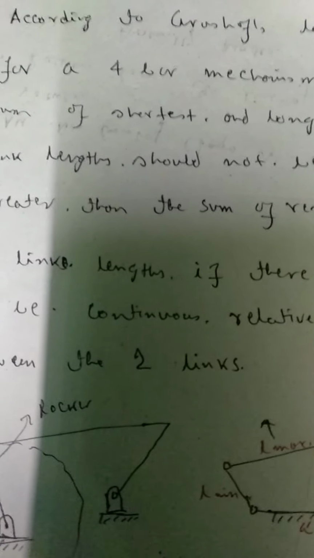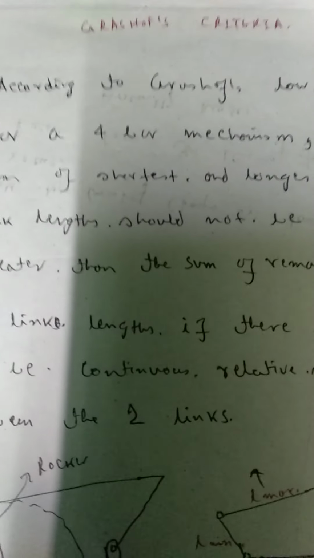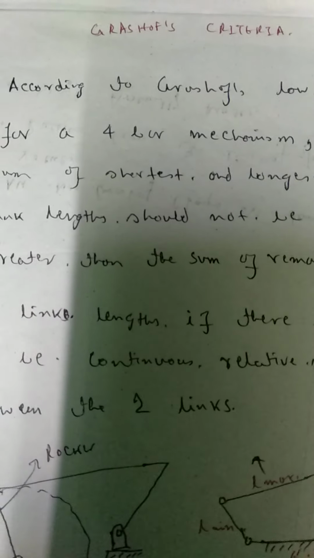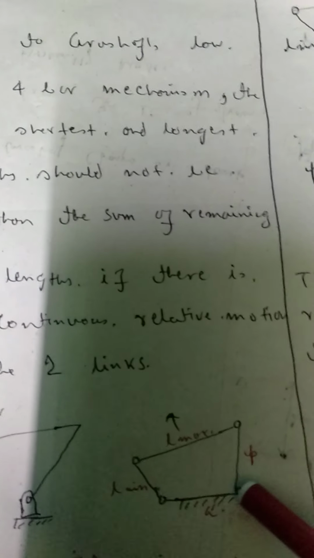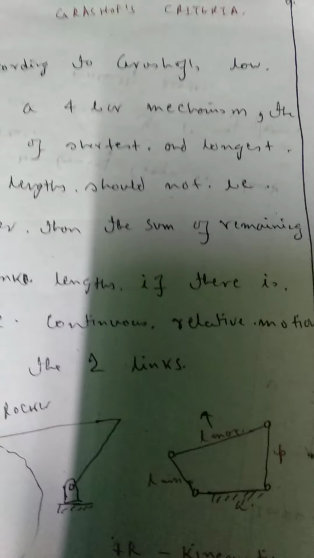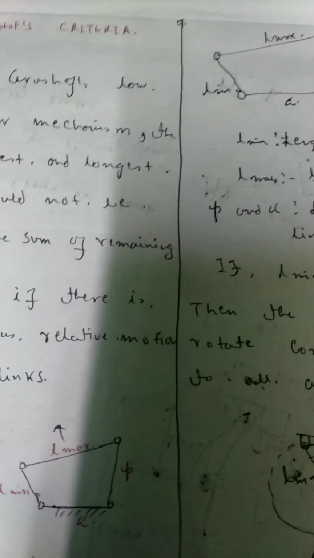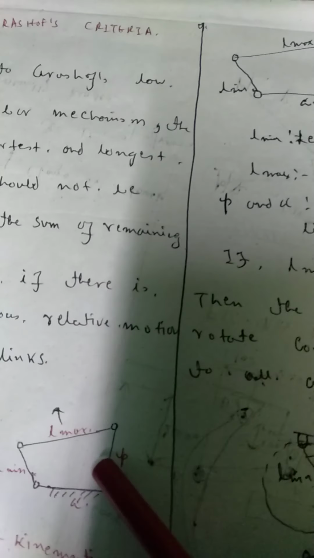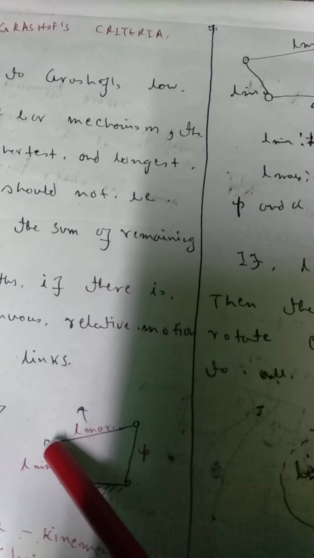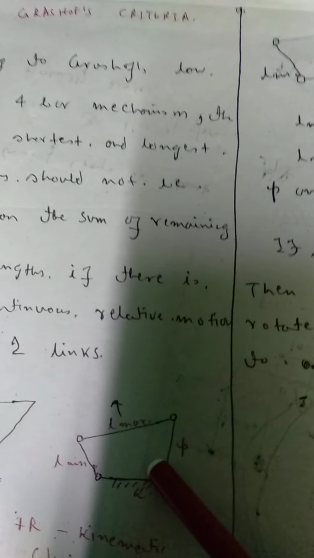Now we will discuss the Grashof's criterion for a 4R chain. Here, as you can see, I have drawn a 4R chain and marked the links.